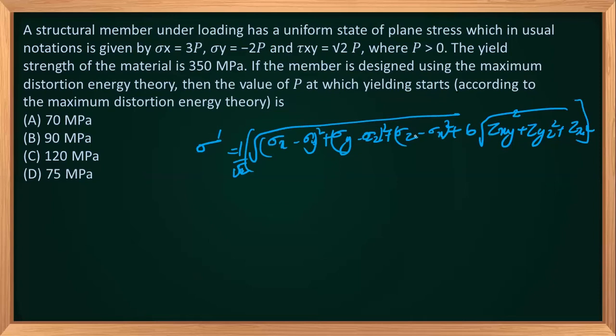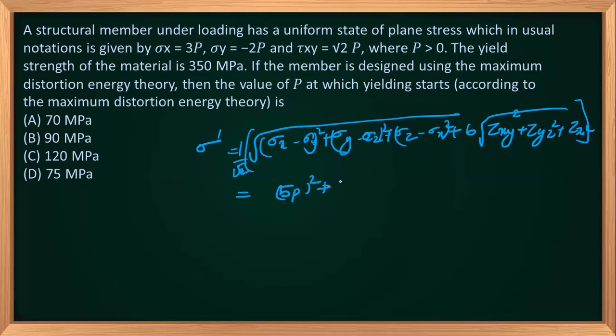Now, this is the total equation. Here we have only sigma x and sigma y. Sigma z we can assume 0, and the other tau values are also 0. So what will be the von Mises stress? So this will be sigma x minus sigma y. Sigma x is 3p minus of minus 2p, so it will be 5p square, plus sigma y minus sigma z, which is sigma y only.